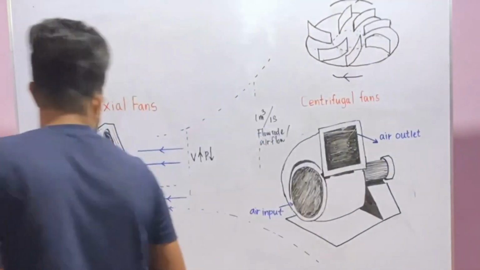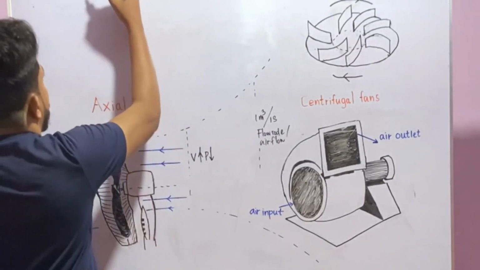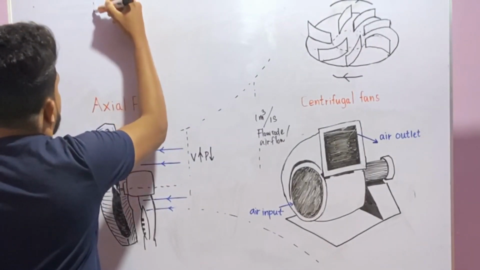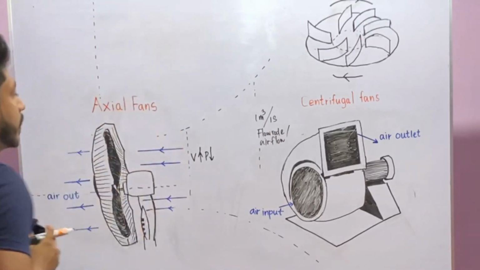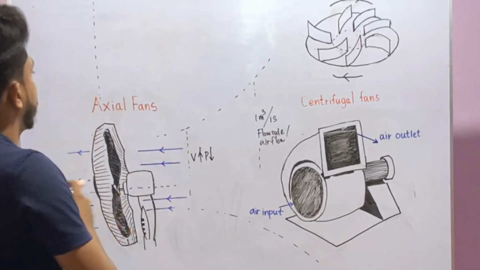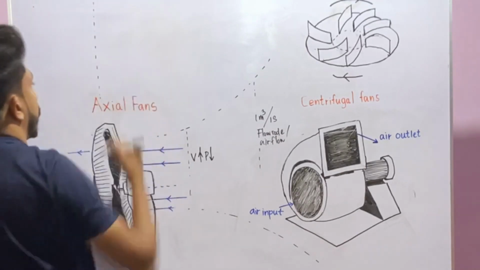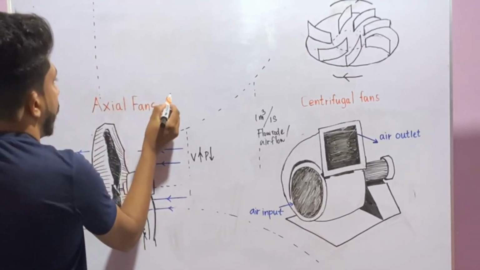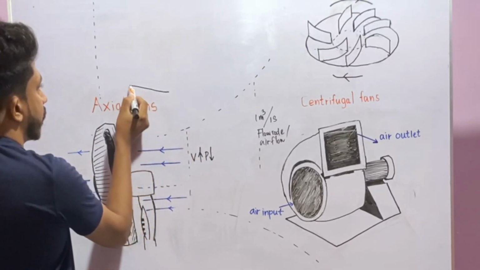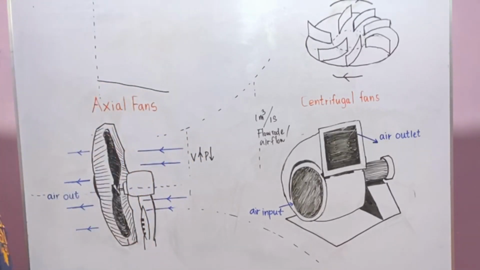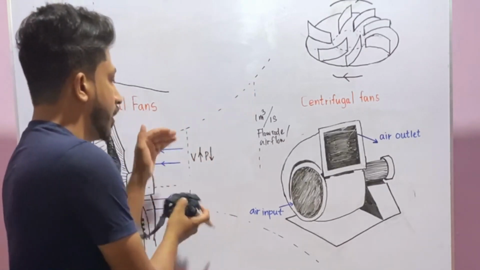So if I draw the velocity, so this is the fan blades. If I draw the velocity, velocity will be increasing like this, due to this scenario.